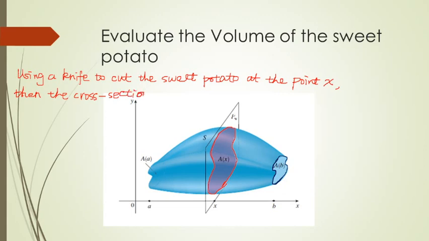This part we are trying to understand: what is the cross-section region here? The cross-section region is shown in red color, right?